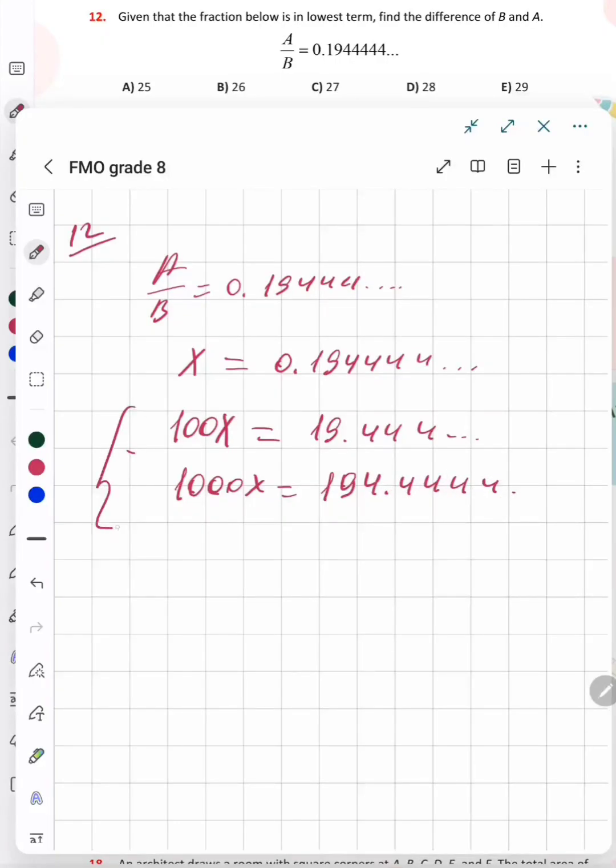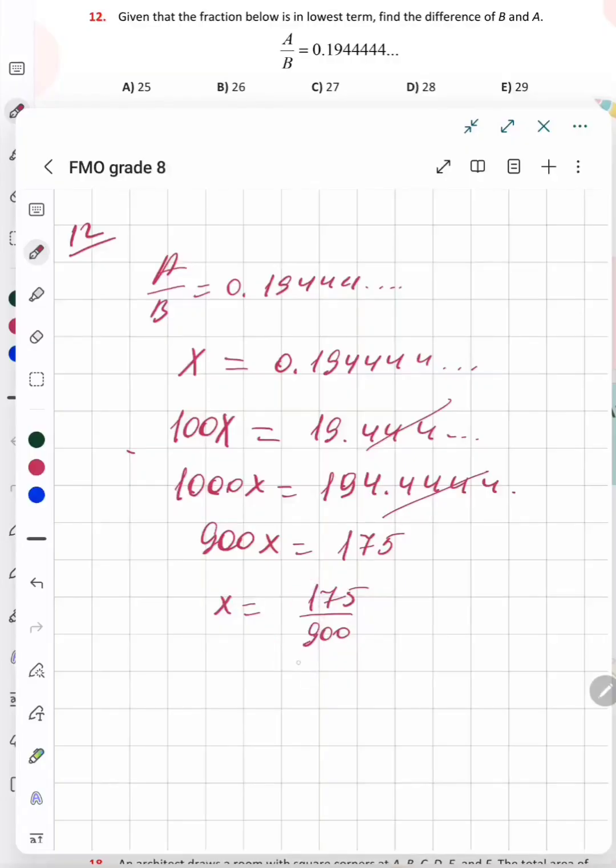Now if we subtract, what we get is 900x on the left side, and the right side decimal places will be cancelled. 194 minus 19 will be 175. Okay, our x will be 175 over 900.